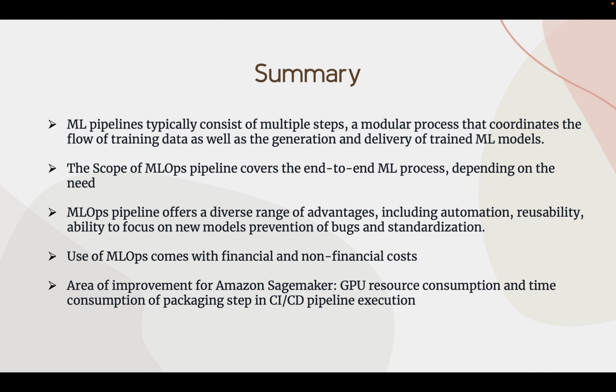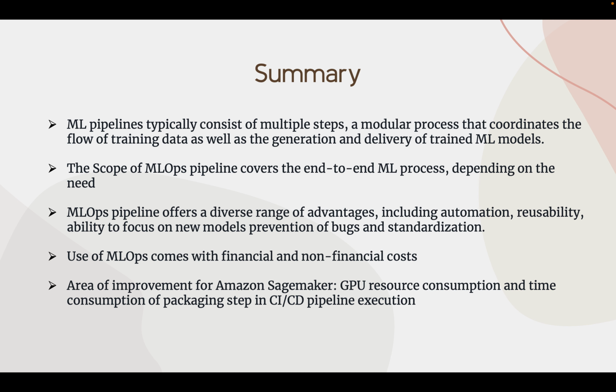Here's a quick summary of my presentation. MLOps pipelines generally consist of multiple steps, a modular process, and coordinate the flow of training data, as well as the generation and delivery of trained machine learning models. The scope of an MLOps pipeline covers the end-to-end machine learning process depending on the need.